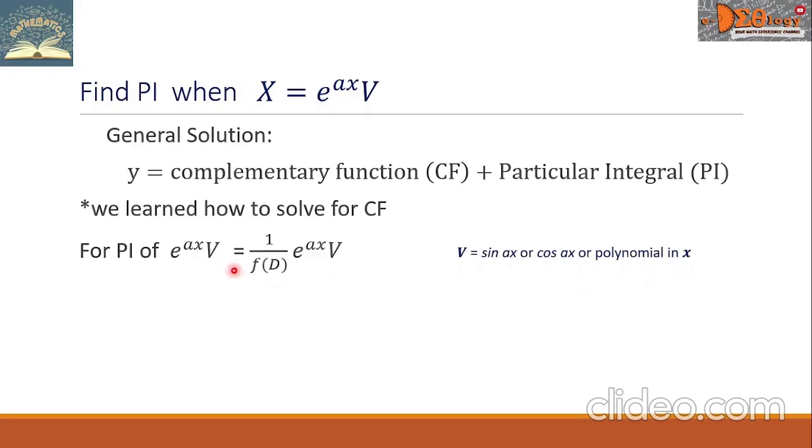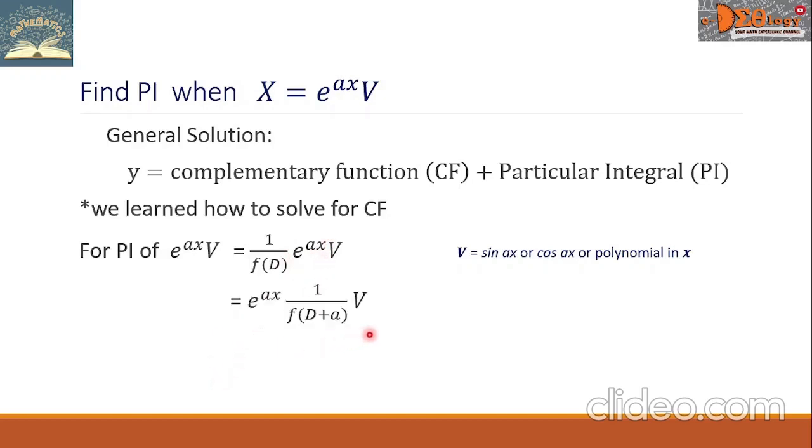This is our formula: 1 over a function of the operator capital D, multiplied by the function on the right side, e raised to ax times capital V. Next, we move this e raised to ax to the left side.